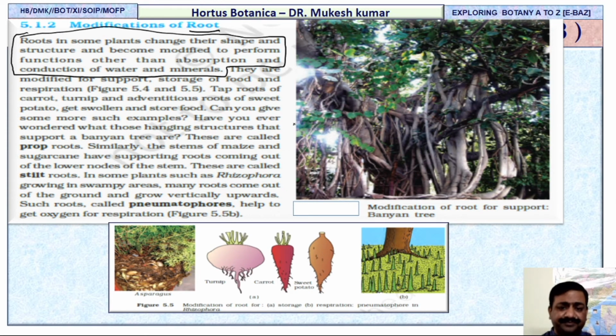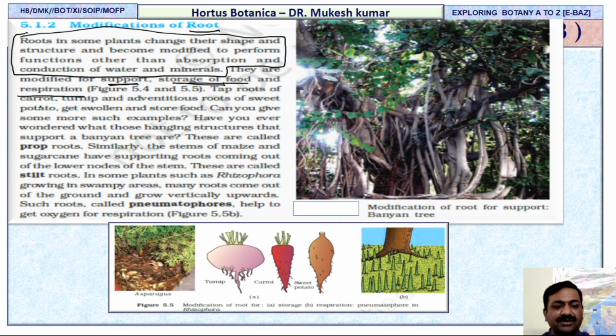So they are modified for support, that is mechanical support, but it is not applicable for the taproot. Remember, I told you about storage of food. Yes, food storage occurs especially in the underground part, so it is applicable for both the taproot as well as the adventitious root. Then respiration, again a special function.